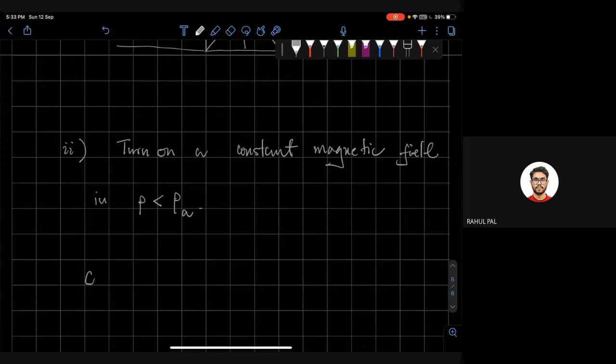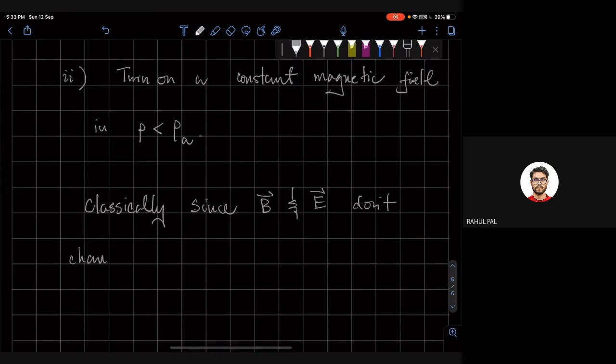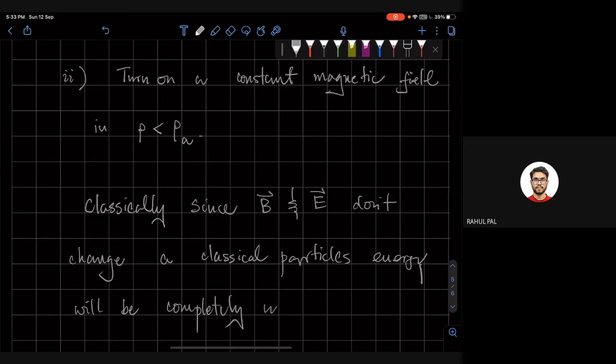Classically, if the electron was a classical particle, since B and E don't change, a classical particle's energy will be completely unaffected, right? Do you agree?